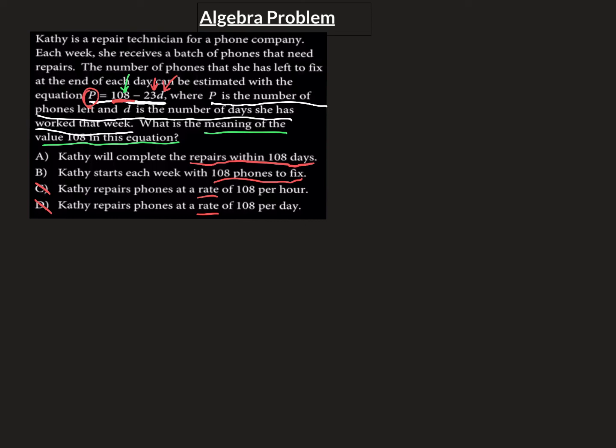Now, if we were to keep on subtracting from that 108, eventually the outcome will be the number of phones left. So we know that 108 is how much she starts with. So the answer choice is B.